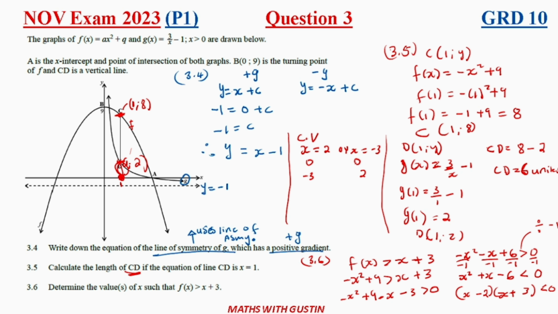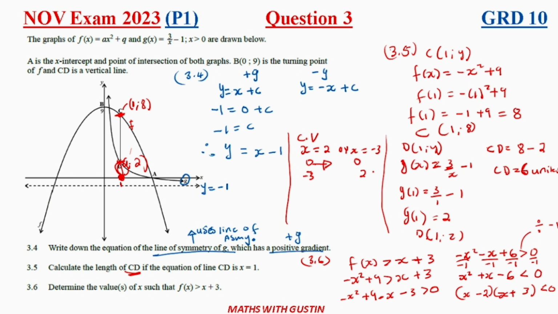So now you ask yourself, if you were to substitute negative 4, which value will you get? Will you get a value greater or a value less? In this case, you are going to get a positive number, so therefore our line is going that side.